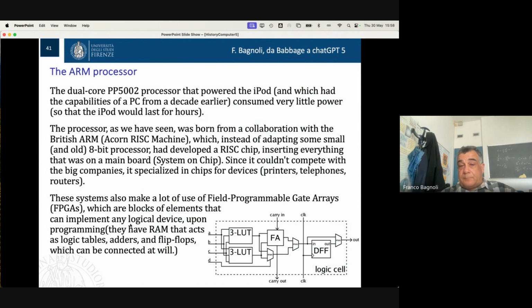And these systems use the ARM and a lot of field programmable gate arrays, which means generic chips in which you can have some logic device, some lookup table.